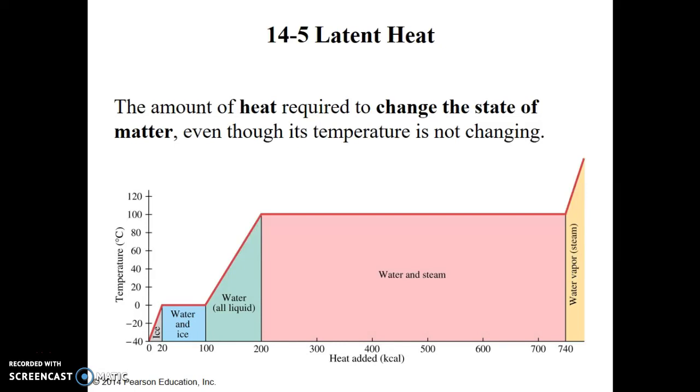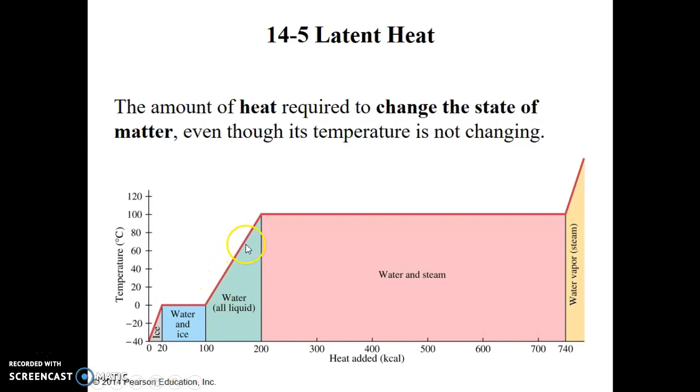Okay, so in this slide we have a really good figure that shows both specific and latent heat. What we've seen already is as we have a substance whose temperature changes, so as you add heat, the temperature increases.